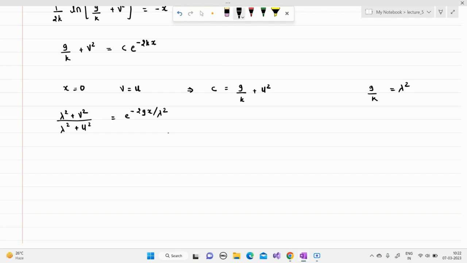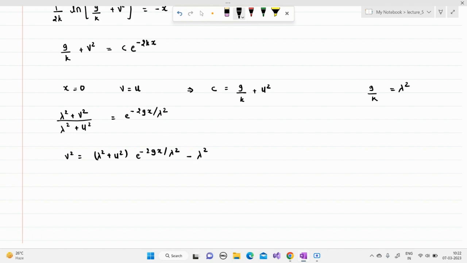So let's first find v square from this equation. What we get is lambda square plus u square e to the power minus 2gx by lambda square minus lambda square.